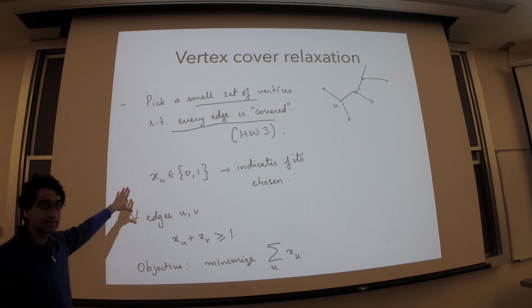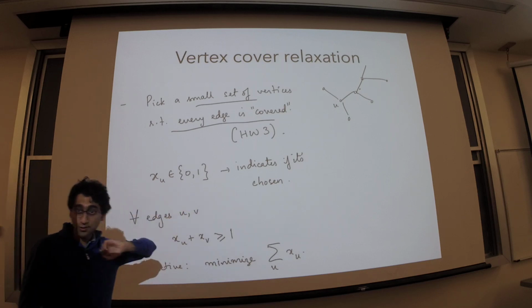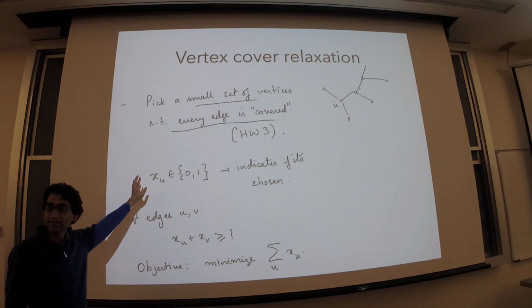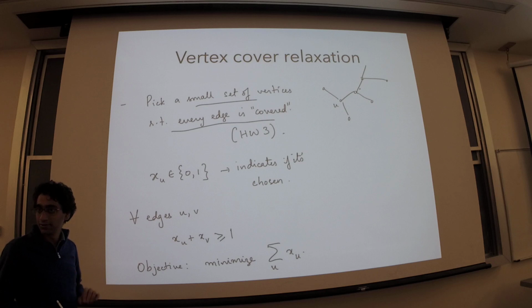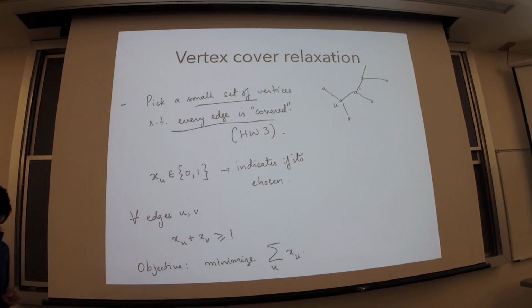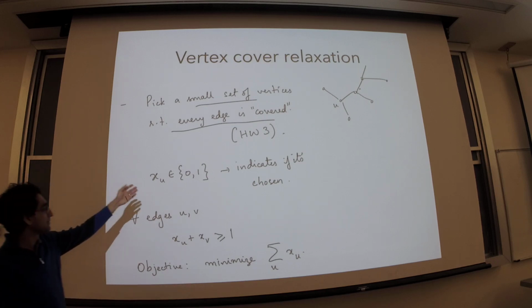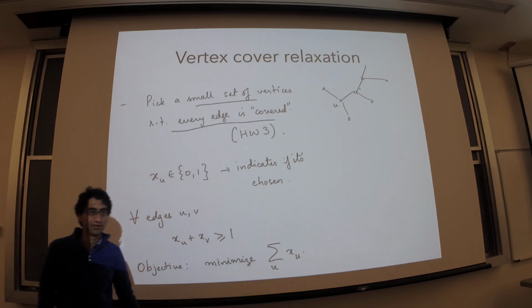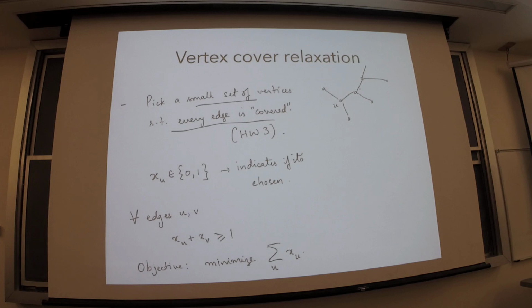And these are the only constraints, right? So any 0-1 solution that satisfies this will actually be a valid solution to the problem, because you will cover all the edges, and of those you want one that minimizes the sum of x. Okay, so this is more of a recap of what we did.